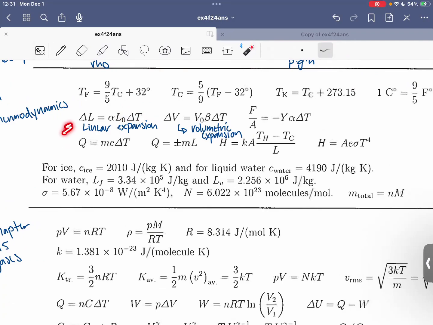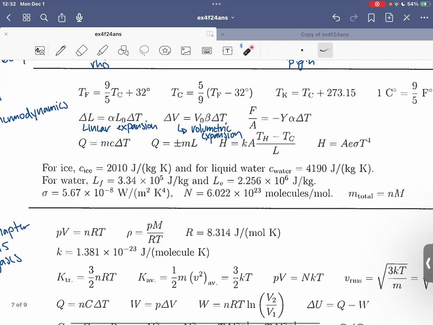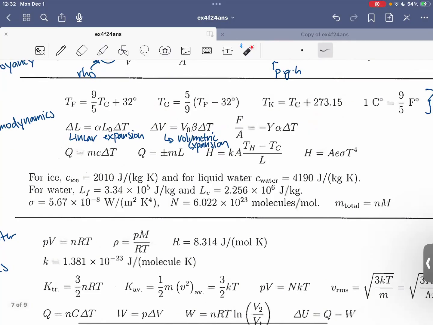If it's a linear object, it's going to expand linearly. If it's like a box, this would be for a box. This is for a wire or something like that. These things tell you how much something is going to expand or contract. This one, I'm not exactly sure what it is, but I don't think it's that important because I didn't see it anywhere.